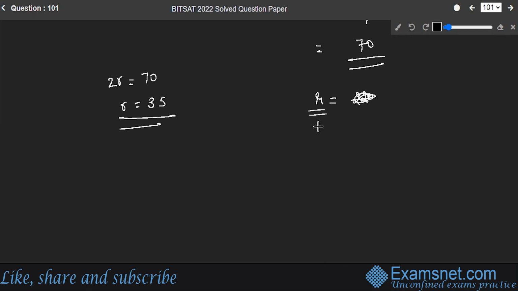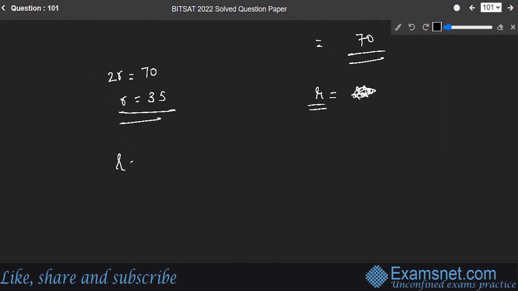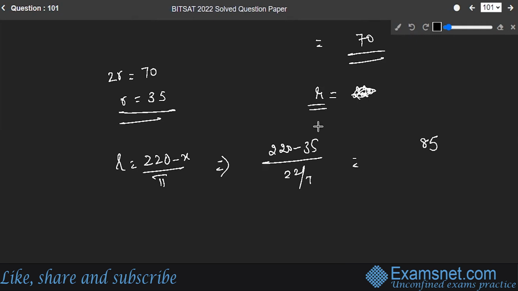R is equal to (220 minus x) upon pi, or this is 220 minus 35 upon this. This will give me 185 into 7 upon 22.